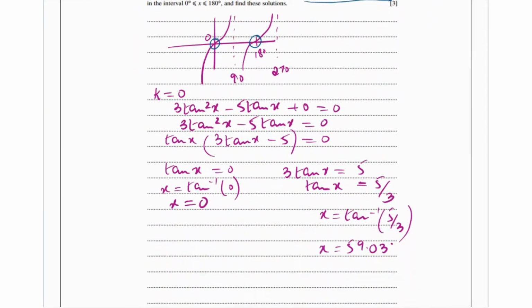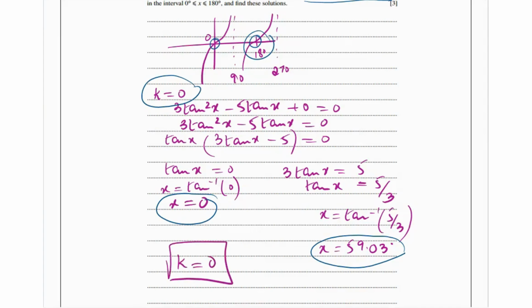Now we know tan is positive in the first and the third quadrant. So 59.03 over here and over here. Now if you notice, we have one solution which is x equals to 0. The other is 59.03, and the third one is 180. We have 3 solutions when k equals to 0, which means the value of k should be 0. That is the value at which we get 3 solutions for this equation.